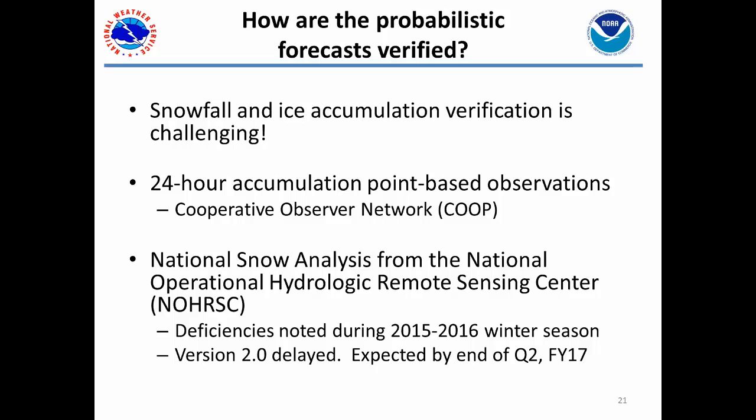There's also a gridded snow analysis available from the National Operational Hydrologic Remote Sensing Center, or NOHRSC. However, some deficiencies were noted in this analysis during the previous winter season. There is a new version in the works, however, that is not expected until the second quarter of fiscal year 2017.